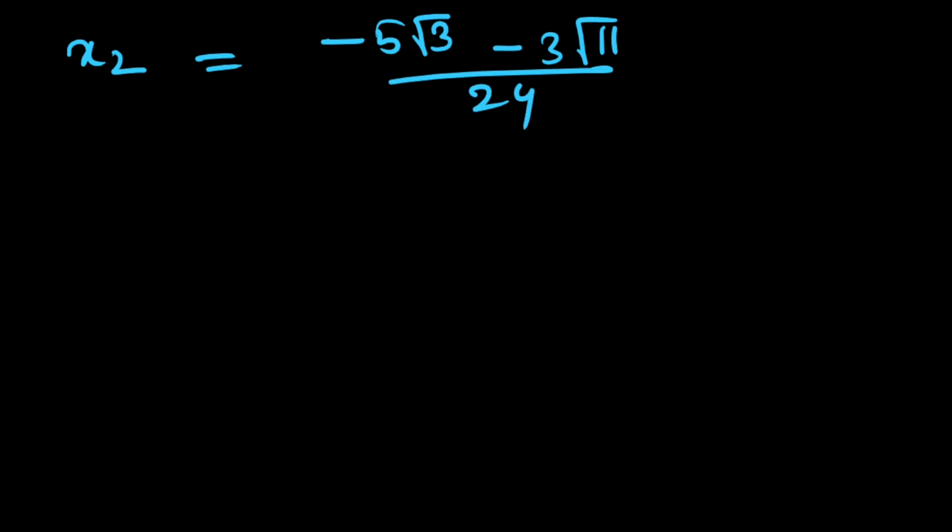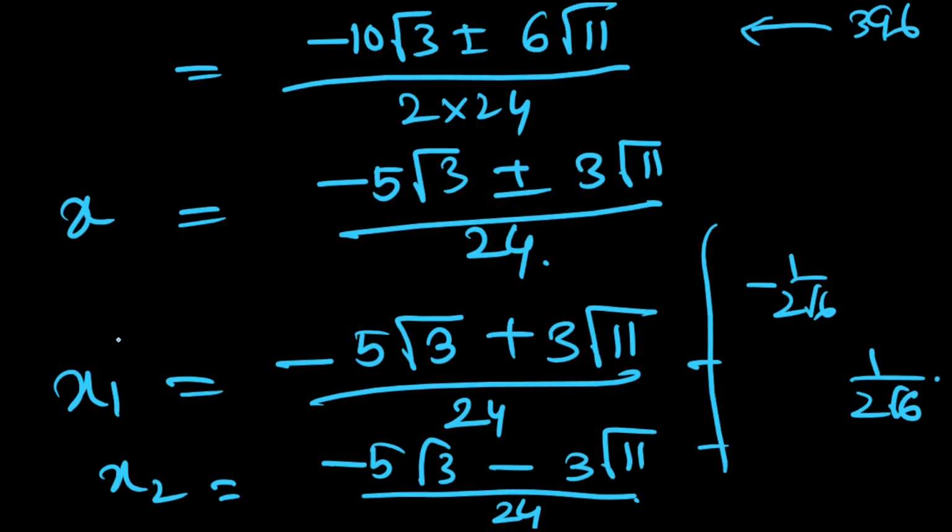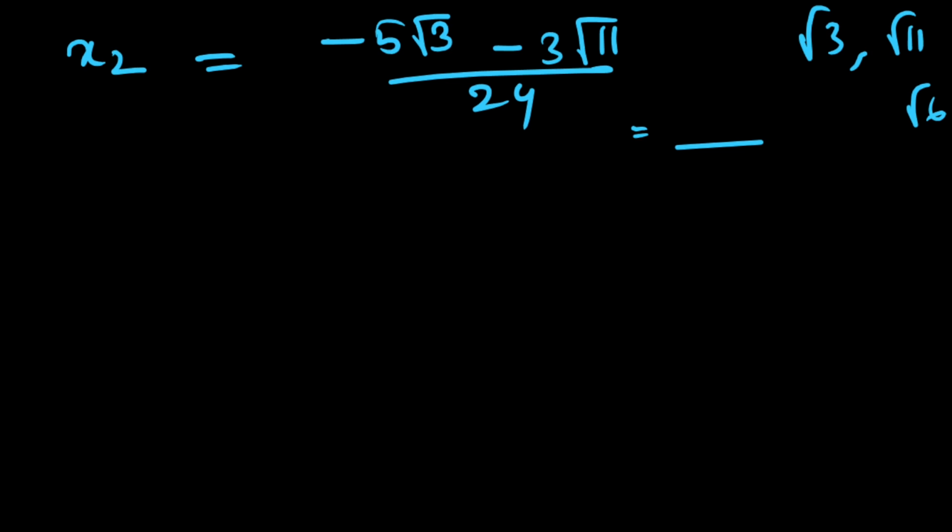If we know the values of root 3, root 11 and root 6, we can put them here and simplify, check whether the value lies in the interval or not, and then conclude whether x1 and x2 are in the given interval.